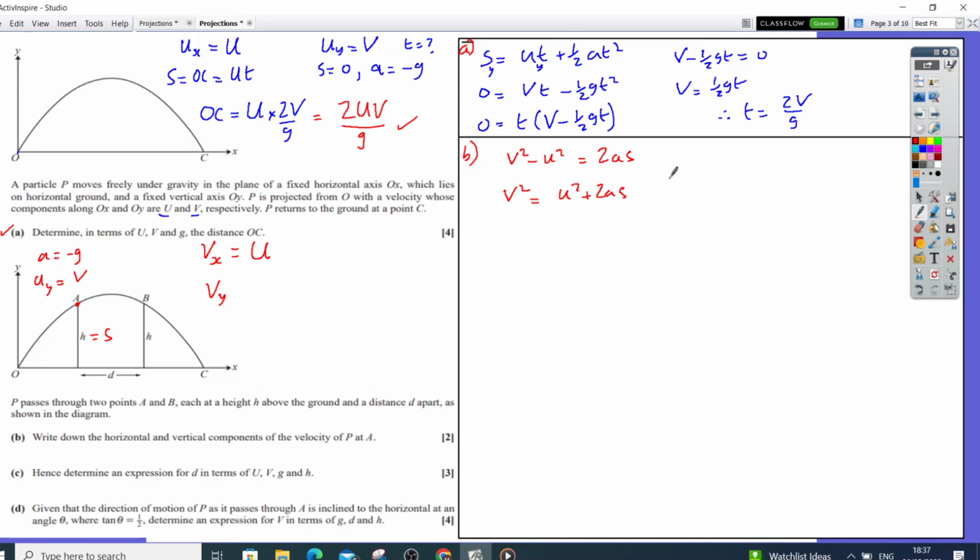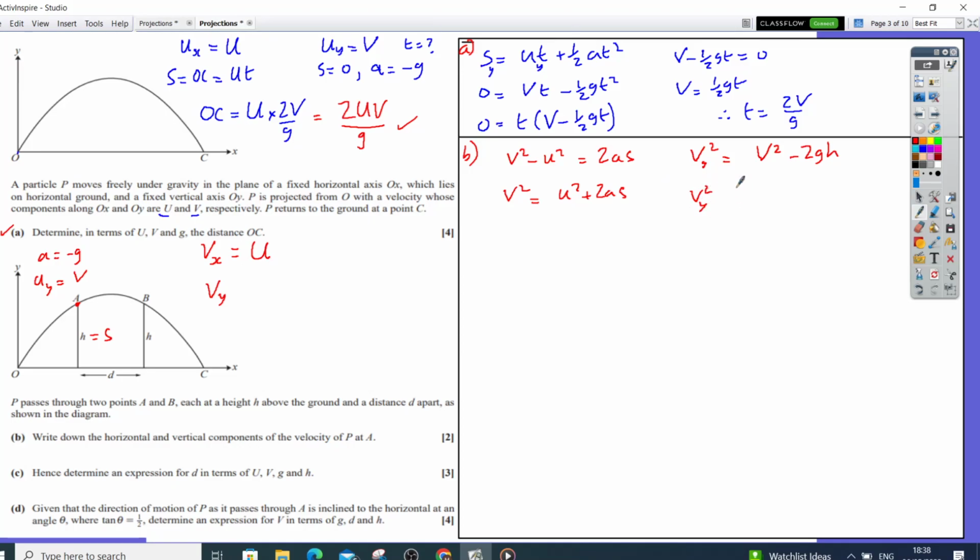So we know that the final velocity at point A is going to equal, so the initial velocity was capital V, capital V squared minus, because the acceleration is minus g, take away 2g, and s is h in this case. So therefore, the y component is there.